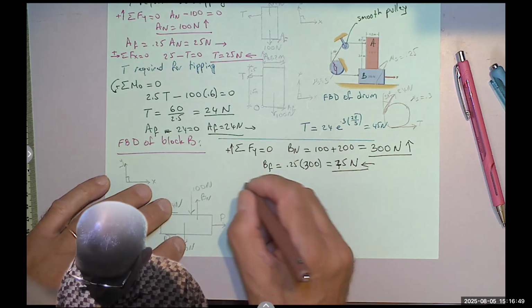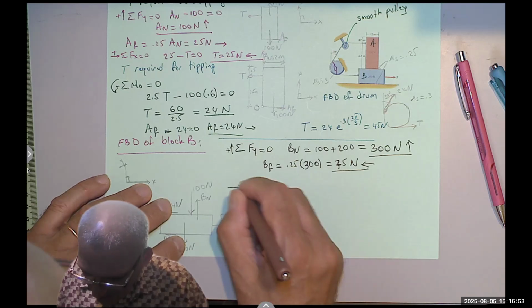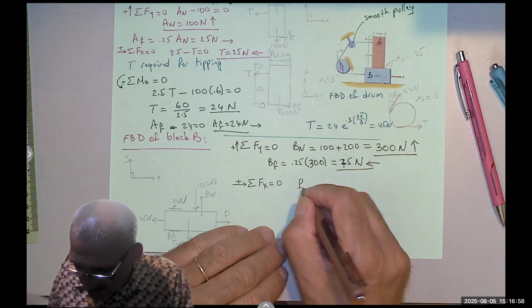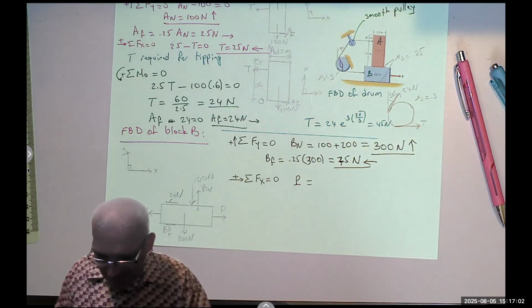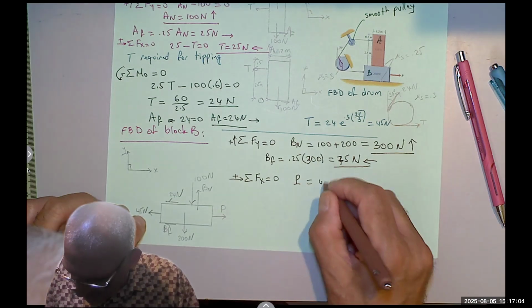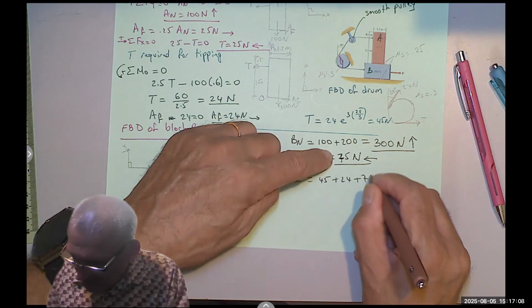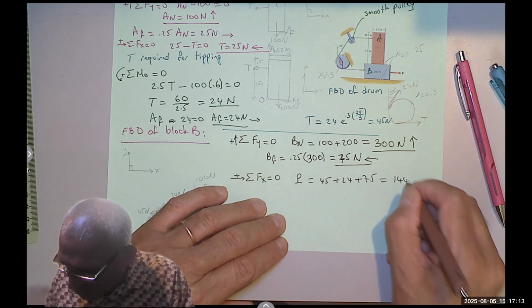And finally, to solve the problem, I say sum of the forces in the x equals 0. Right is positive. I have P. That's what I want. So P equals, and everything else is to the left. So I have 45, I have 24, and I have 75. So these are 120, 144 Newton.